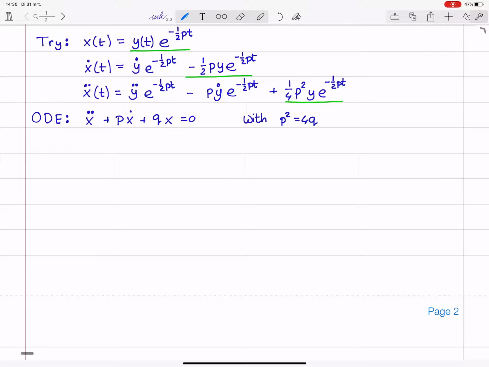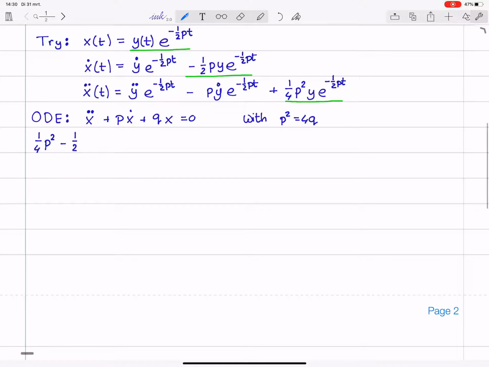We have then a quarter p squared plus a minus sign, that should be minus a half p, but that is multiplied by p itself, so that will be a quarter like this, plus q times y e to the power minus a half pt. Okay, that's the first term.